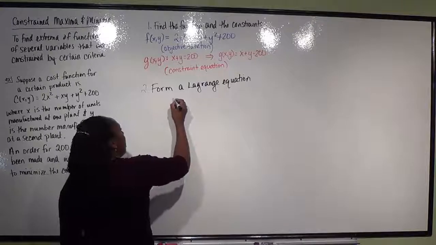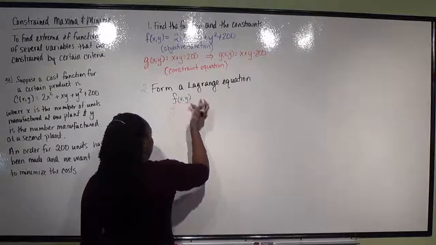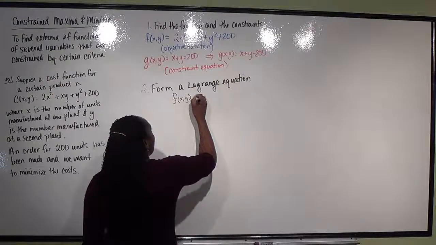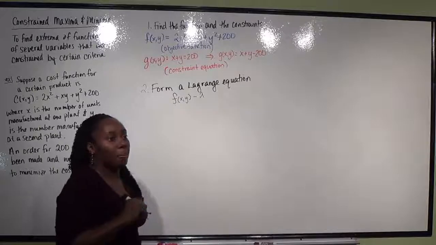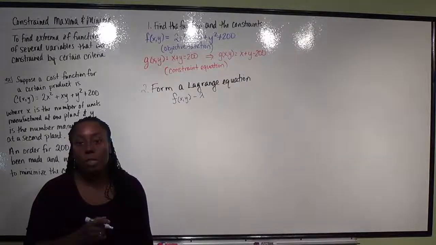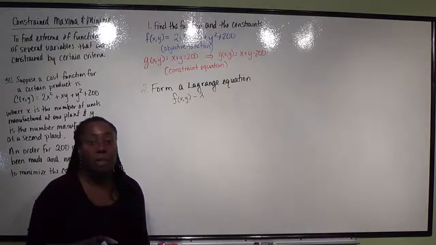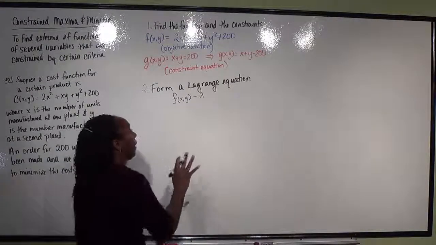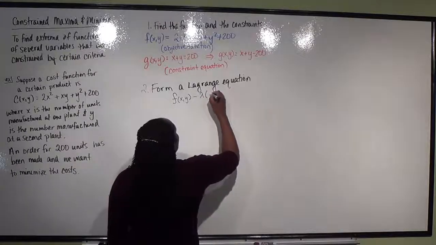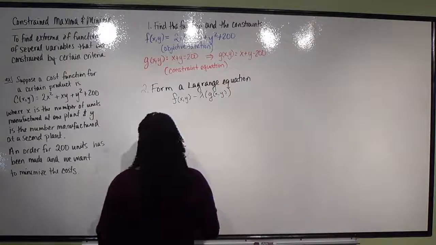And this is always going to be found by taking f of our function, whether it's two variables or more, minus some variable. I'm going to use lambda because that's how it's usually defined. Lambda is just a Greek variable. If you want to use w or k or u or whatever, you can. This is going to be lambda times our g of xy. Okay?